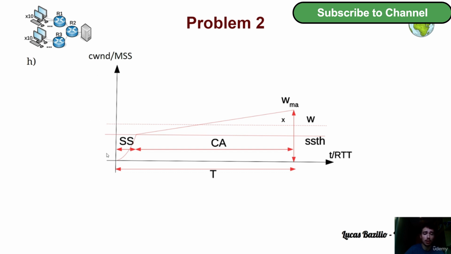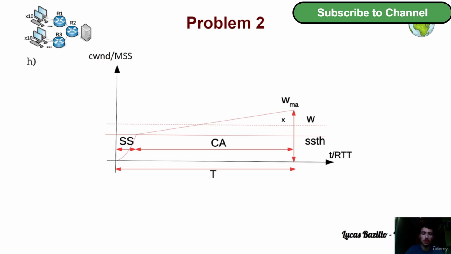At the very beginning, we have the slow start threshold at a given value, and we are in the slow start phase, because the congestion window is less than this threshold. Once we reach the slow start threshold, we go to the congestion avoidance phase. Now the congestion window is incremented by a given factor, so we keep incrementing it in the congestion avoidance phase.